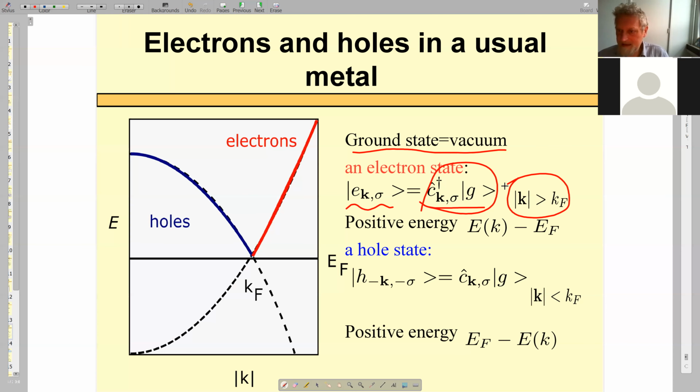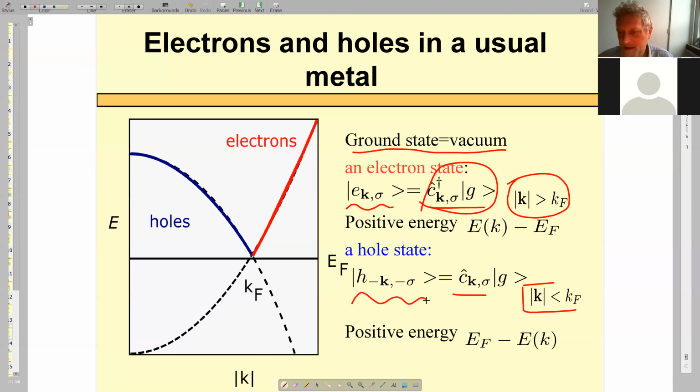Another possibility is to extract an electron, to make a hole in filled states. That works only if K is smaller than KF, and it defines a hole state. I have reverted the signs of momentum and spin for the hole, because the hole is just the absence of an electron. Okay?